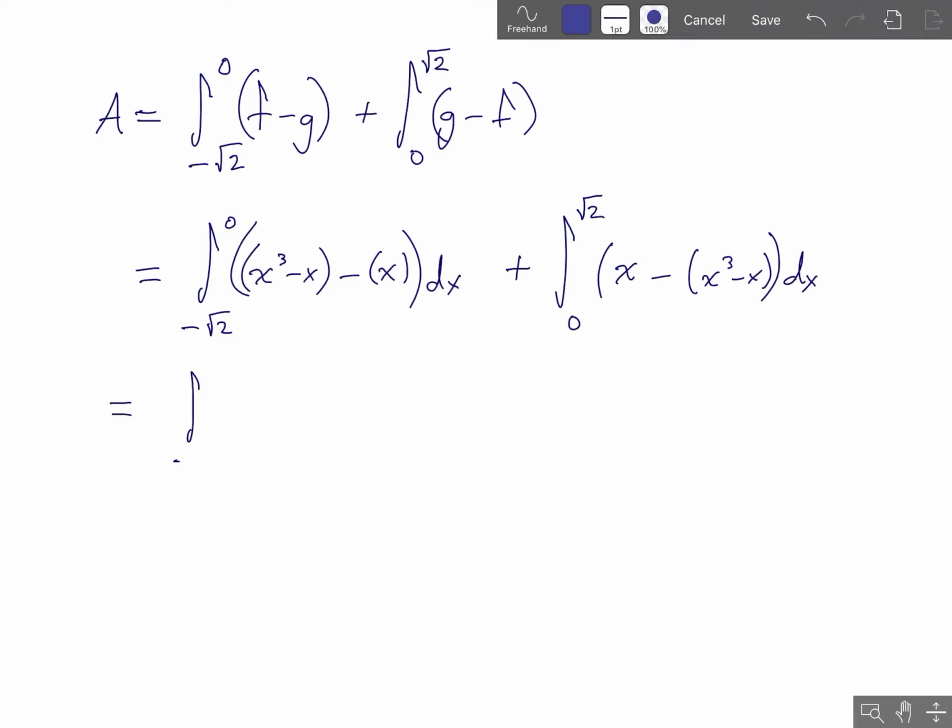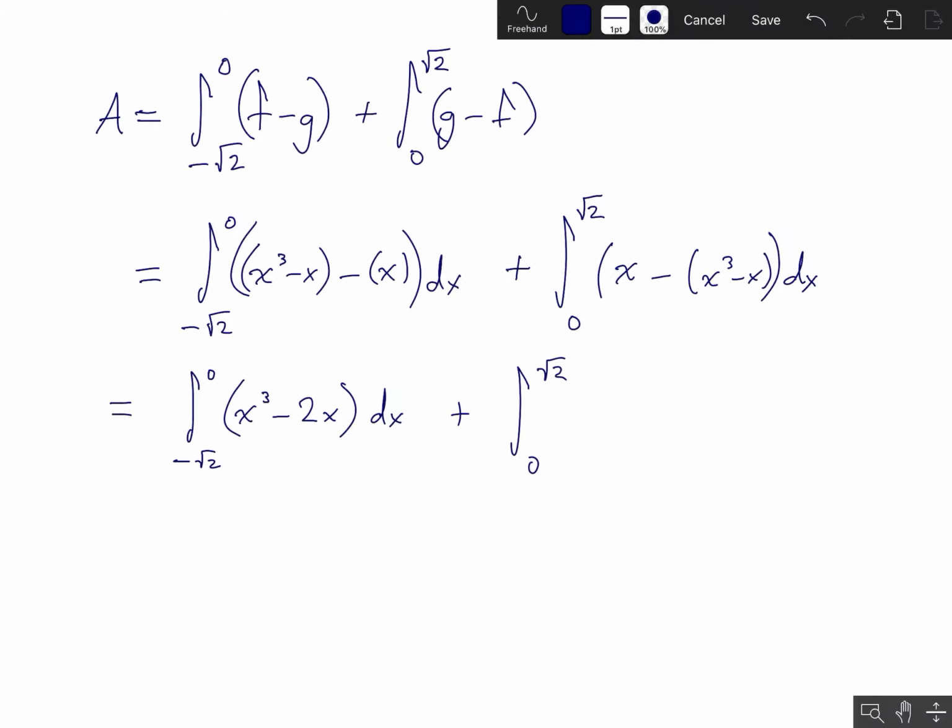And you can integrate immediately. I would recommend just trying to clean up the integrals a little bit. Really, I should say the integrands. So on the inside of the first set of parentheses here, we have an x cubed minus an x minus another x. So that would be x cubed minus 2x. So that's what we'll integrate for that first integral.